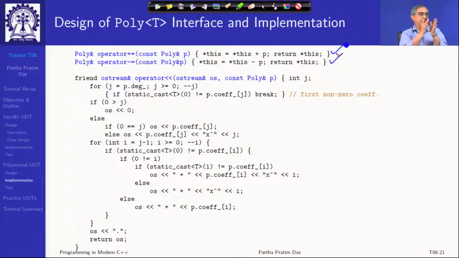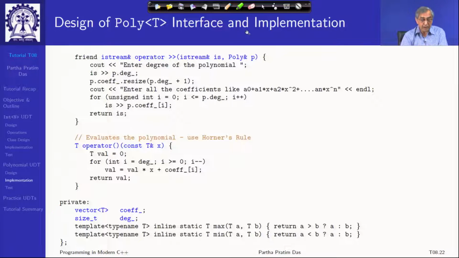If the constant is 5, you do not write it as 5 into x to the power 0, you will just write it as 5. So, these different cases are checked, and this is just a simple logic-based C kind of program for output streaming. Similarly, you have input streaming, which is simpler, and finally, you need a function to evaluate the polynomial.